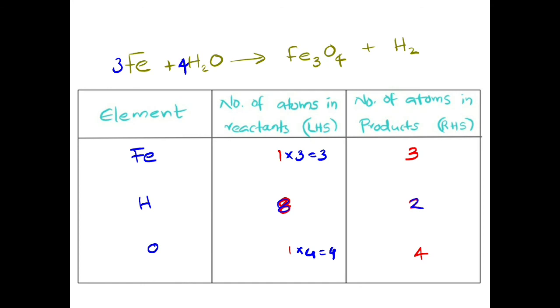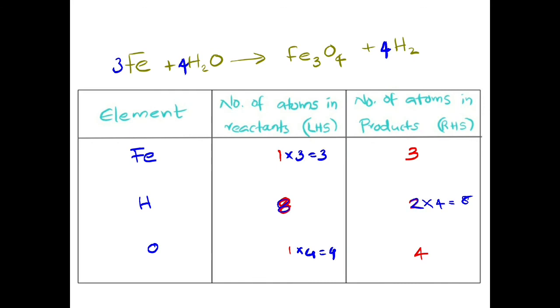So we will be balancing the equation by adding a coefficient in the product side. If you multiply 2 with 4, you will get 8. So that's how we will be balancing this chemical equation, by adding 4 in the product side in front of the hydrogen.